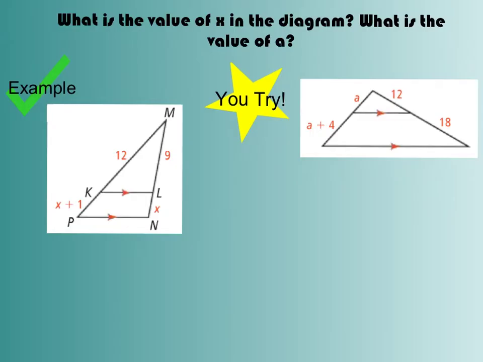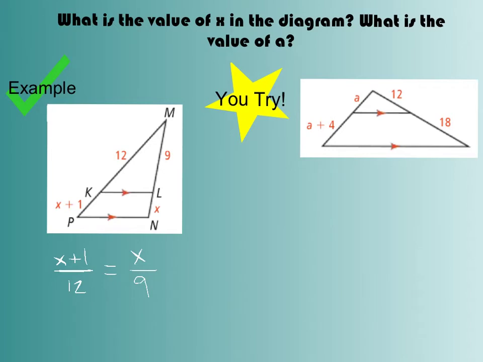So we're going to go ahead and use this Sidesplitter theorem in order to actually solve for the variable x. So I need to use my pattern. So let's see, we've got in this first picture (x plus 1) over 12 is equal to x over 9.